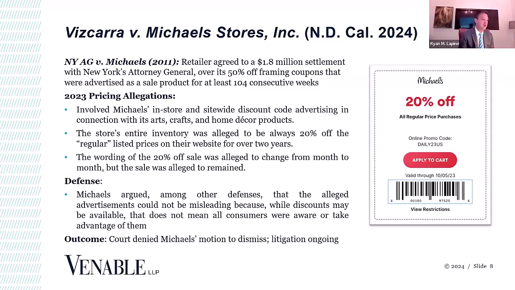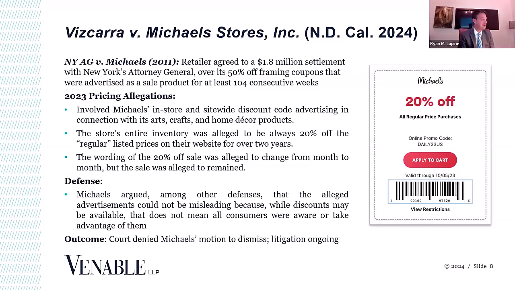The first is California's False Advertising Law, and it provides that no price shall be advertised as a former price unless the alleged former price was the prevailing market price within the immediately preceding period. And the California Legal Remedies Act prohibits advertising goods or services with the intent not to sell them as advertised.